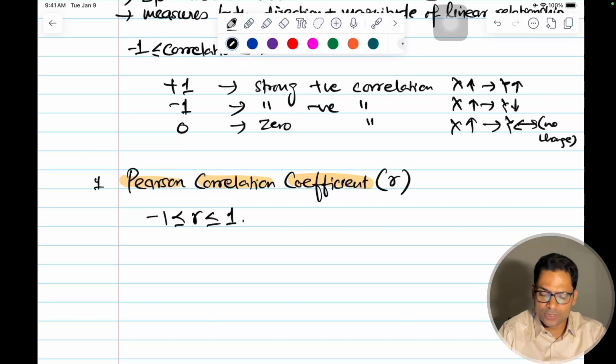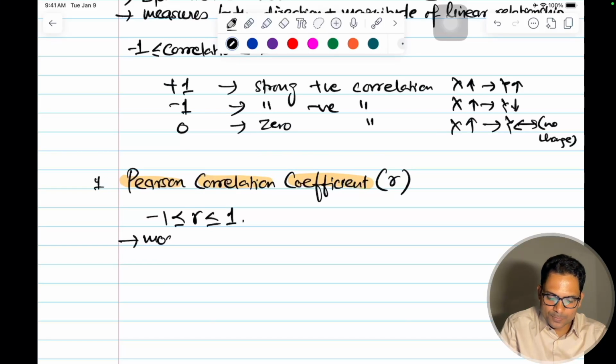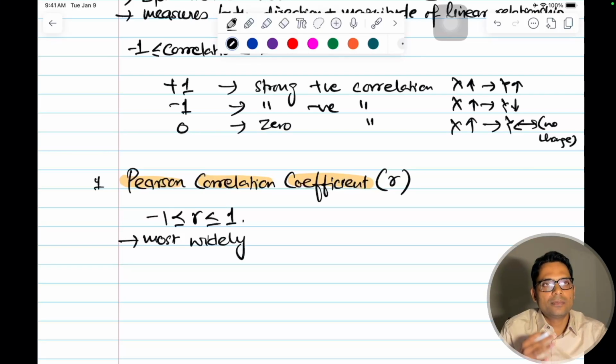This is the most widely used. I'll talk about Spearman's rank correlation coefficient also, but Pearson is the most widely used because mostly we deal with numbers. The other one makes sense in a special case, which I'll discuss later.